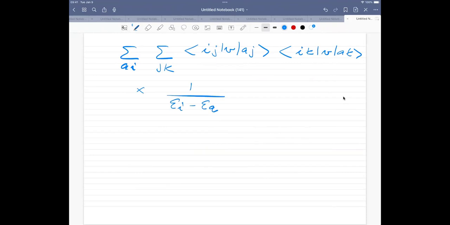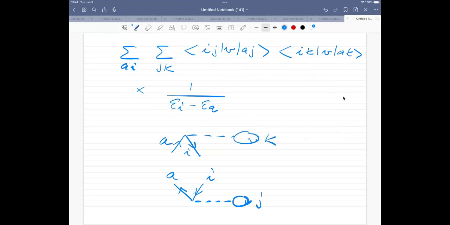Diagrammatically, what this means, if we look at the process which we have set up, is that we have the creation of a one particle, one hole state, A and I. Then we have the interaction piece here, which has a sum over J. Then this gets de-excited so that we go back to the ground state. And then we have an AI here, and then we have the state K here. So this is the way we would read it as a diagram.